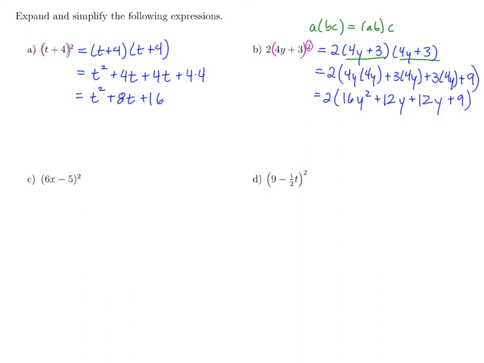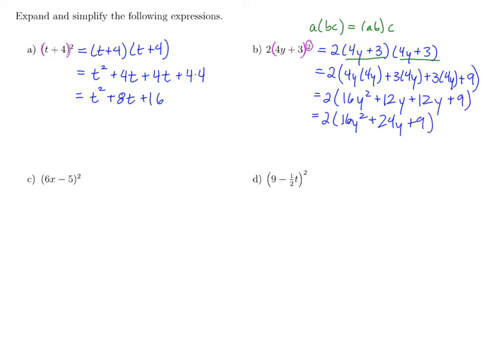So at this point, I have 2 times, and then this expression, 16y squared plus 12y plus 12y plus 9. The next thing I want to do before I distribute this 2 across is to combine those like terms of 12y and 12y. So when I do that, I'll have 2 times the expression 16y squared plus 24y plus 9.